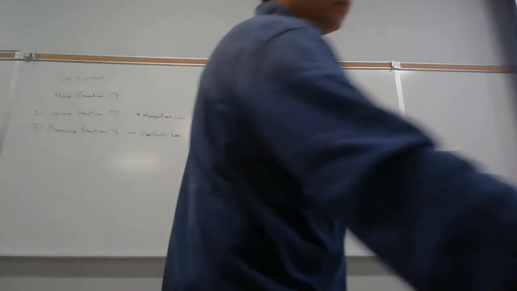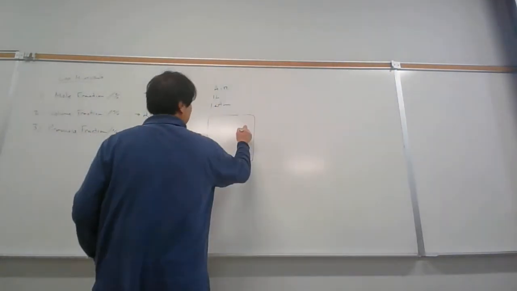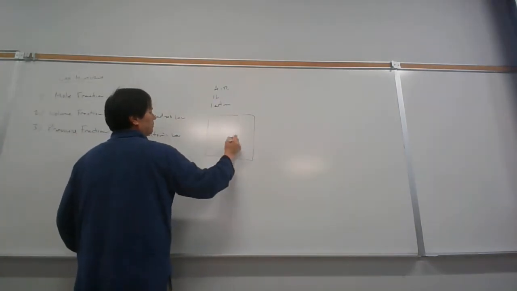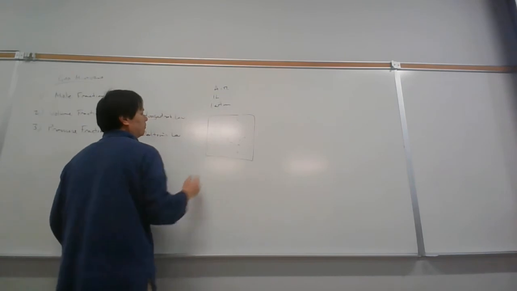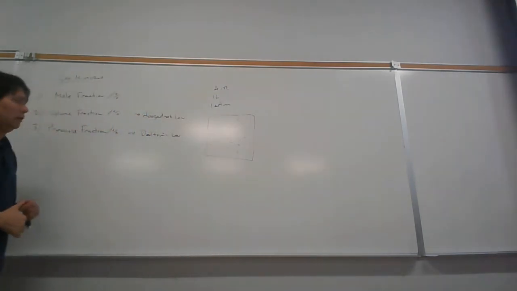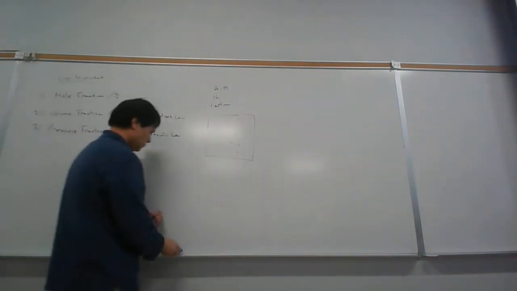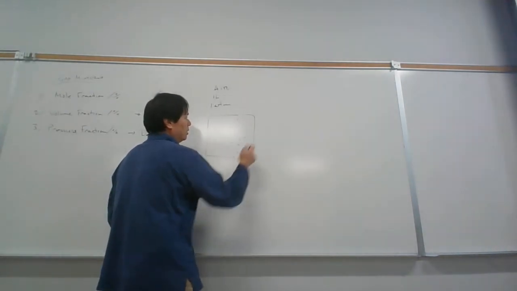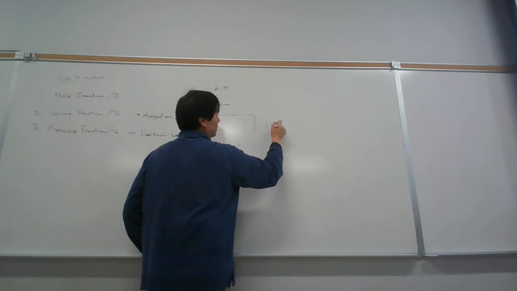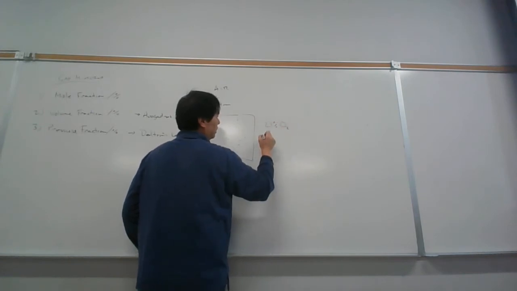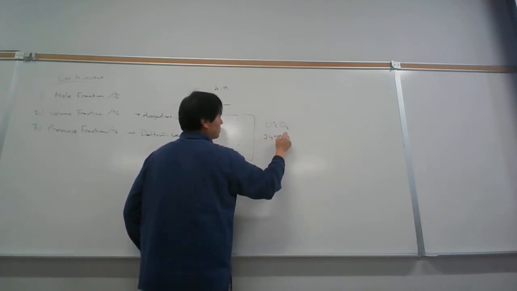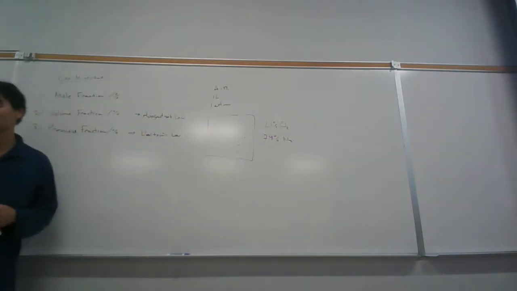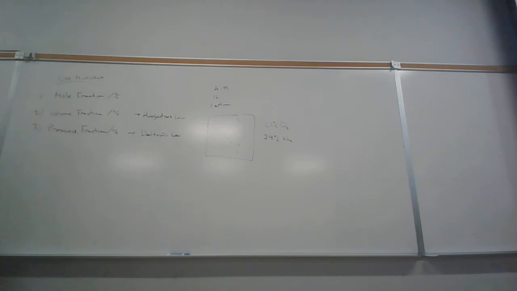Oxygen's usually red, nitrogen's usually blue. They're diatomic, but I'm just going to draw them like this. So air is 21% oxygen, O2, and 79% nitrogen. There's other stuff in there. We're going to ignore the water, the CO2, and everything else.